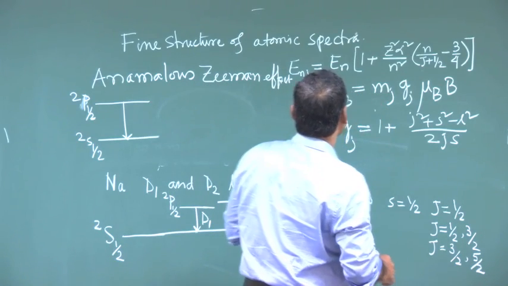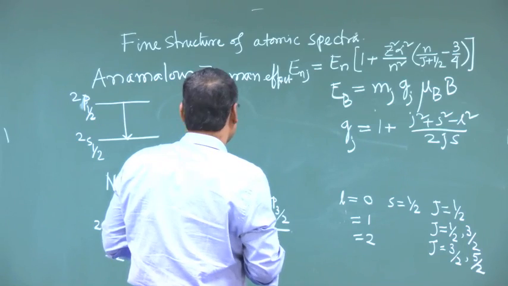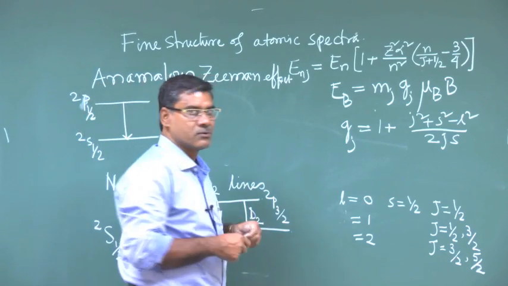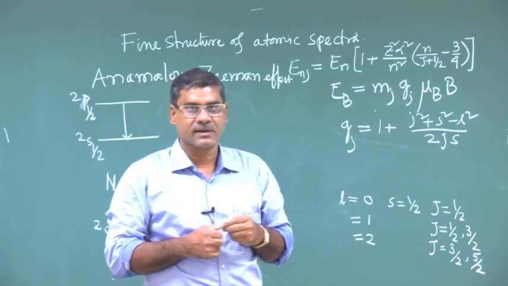Now, what are the mj values for a particular j value? mj ranges from minus j to plus j.